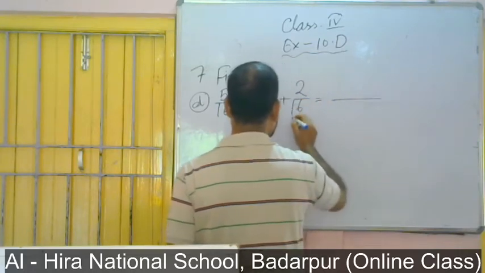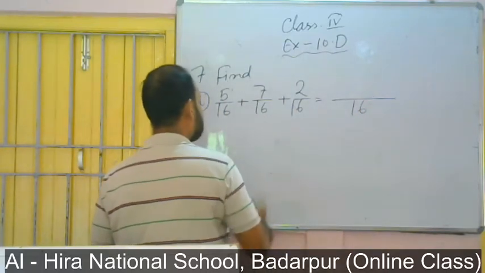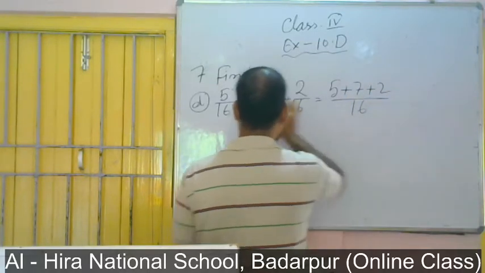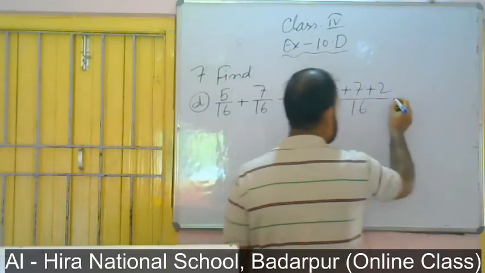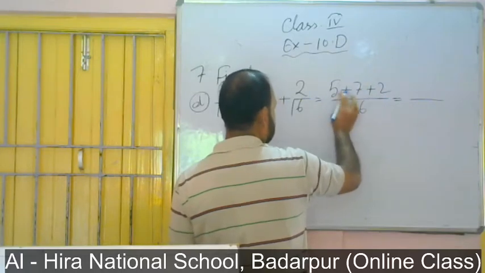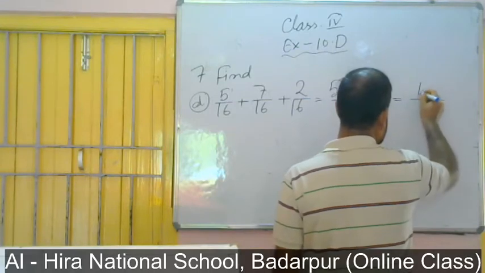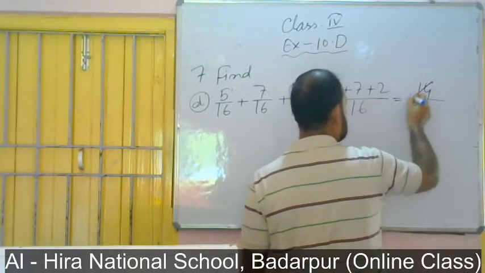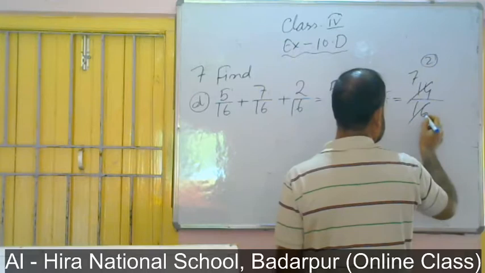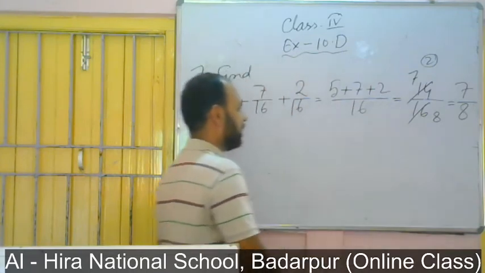Here the denominator is 16, and 5 plus 7 plus 2. 5 plus 7 is 12, 12 plus 2 is 14, so 14 by 16. If we cut by 2, 2 sevens are 14 and 2 eights are 16. So the answer is 7 by 8.